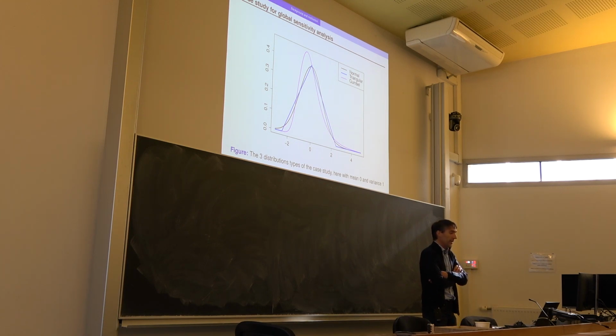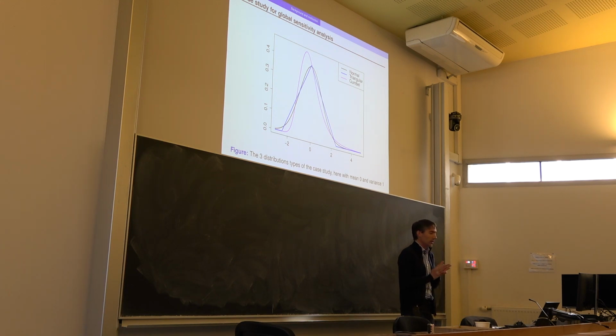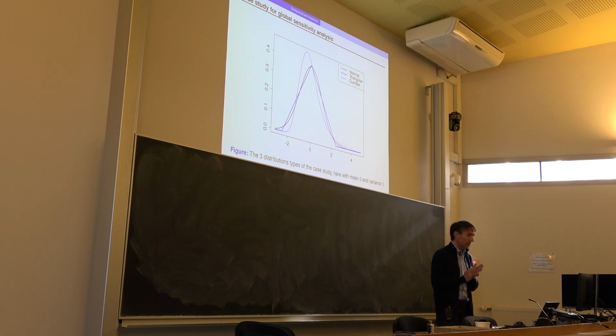Here is a picture of the probability density functions that are used in this example. In black you have the normal distribution. In blue, the triangular one.